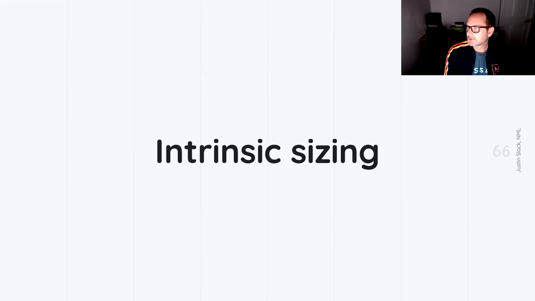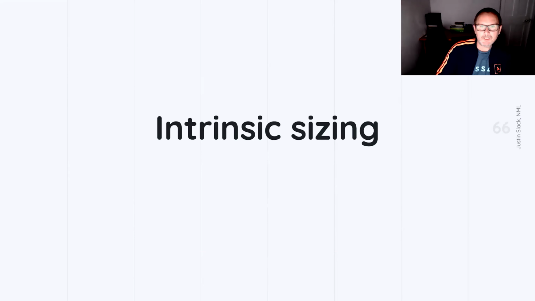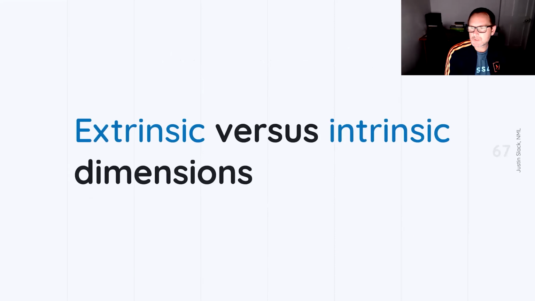Right. So intrinsic sizing. This is another key concept in CSS layout, and what we're really looking at is extrinsic versus intrinsic dimensions. CSS 3 introduced the concept of intrinsic dimensions, which is the opposite of extrinsic, obviously.